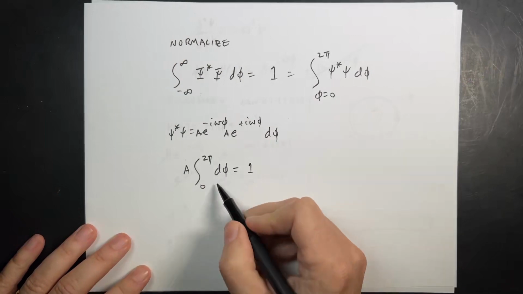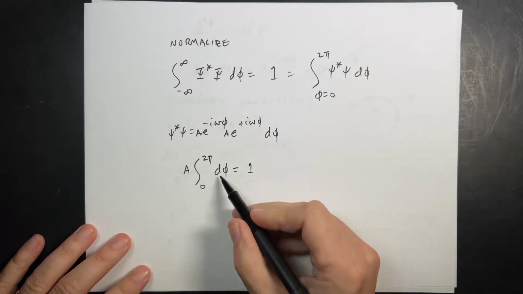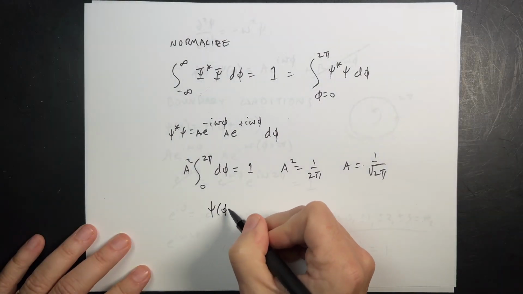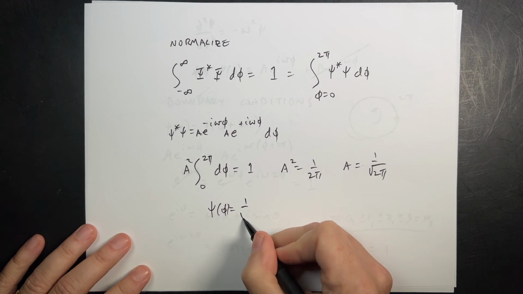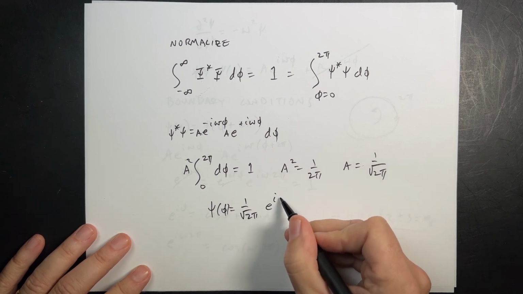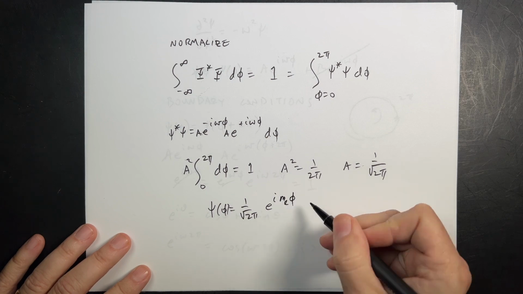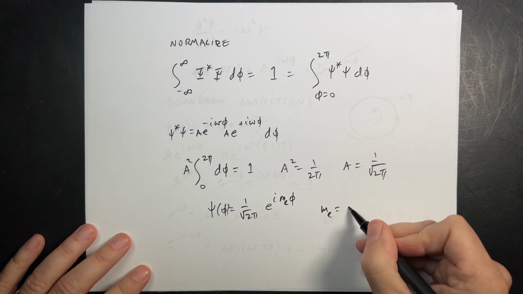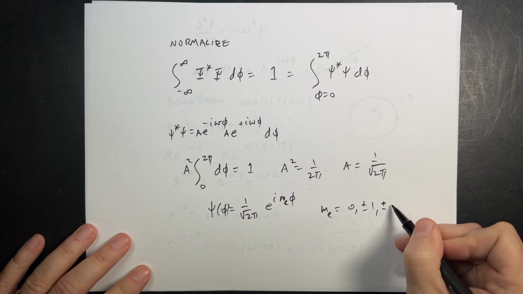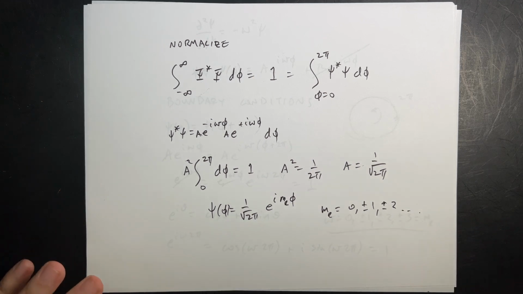And that integral is pretty easy to do. It's just going to be 2 pi. That's a squared. So a squared equals 1 over 2 pi, or a is 1 over the square root of 2 pi. So now I have psi of phi is 1 over the square root of 2 pi, e to the I, I'll call it ml phi, where ml is 0, plus or minus 1, plus or minus 2, and so forth.